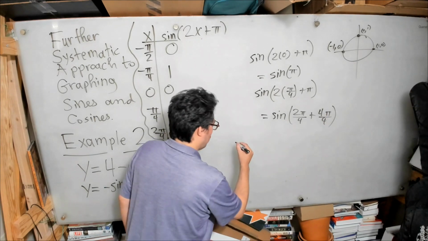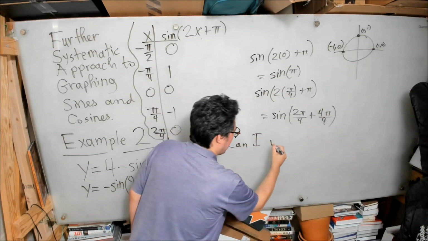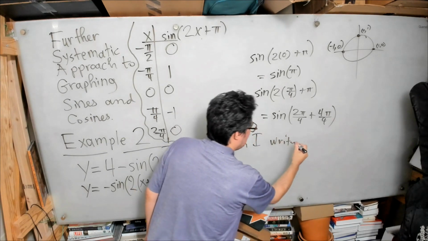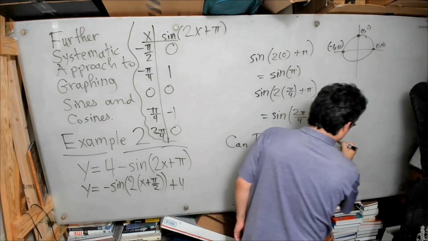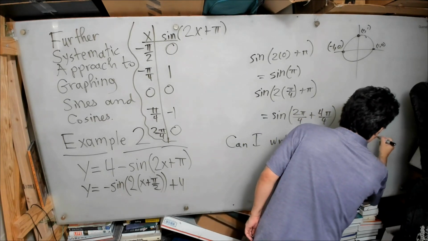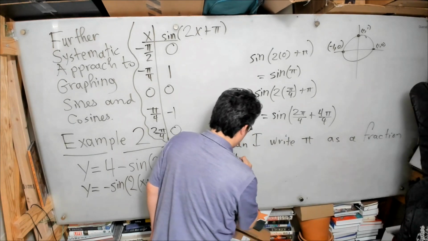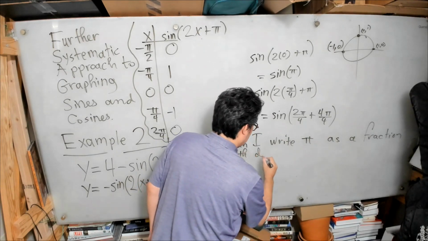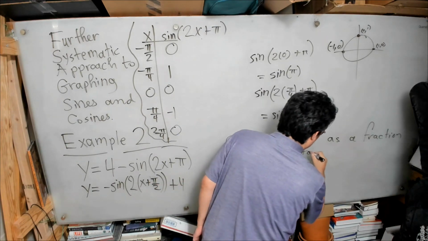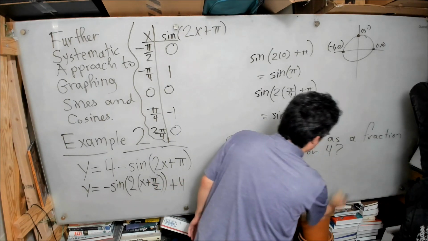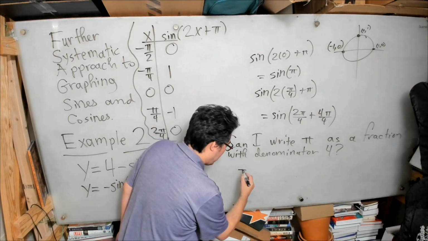Yes. So, can I write pi as a fraction with denominator 4? Right? And the answer is yes. As I mentioned, I will start with pi.